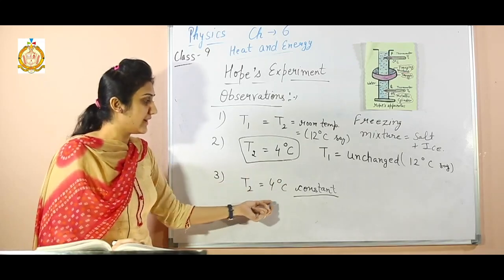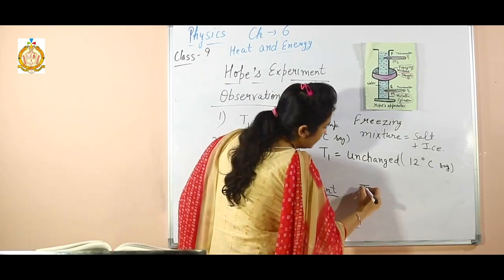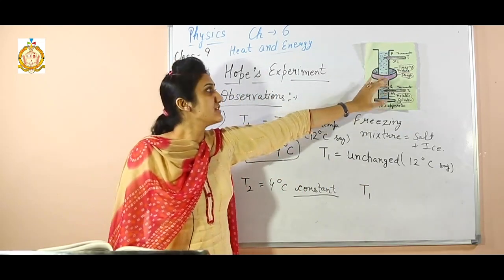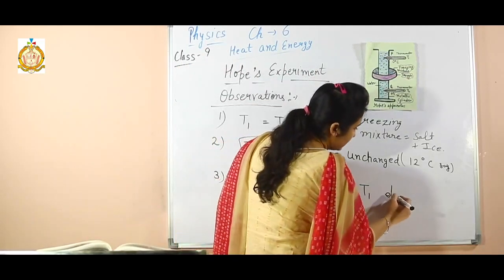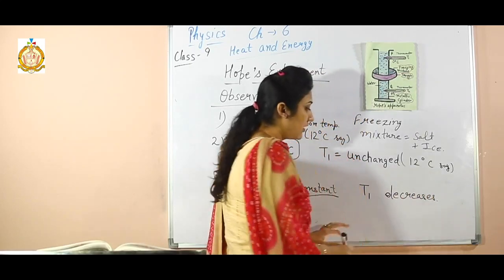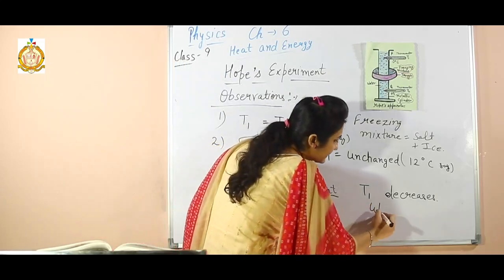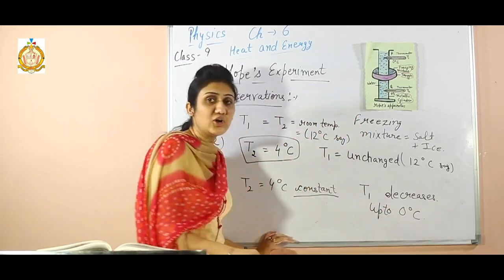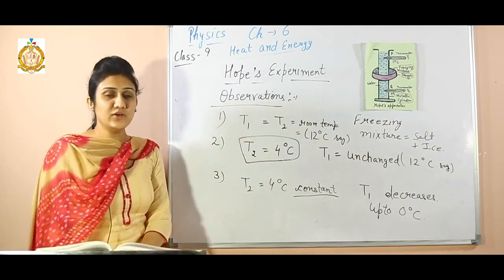And the temperature of thermometer T1 again starts falling. It decreases. And how much does it decrease? It decreases up to 0 degrees Celsius. So these were the observations after the experiment that was done by Hobbes.